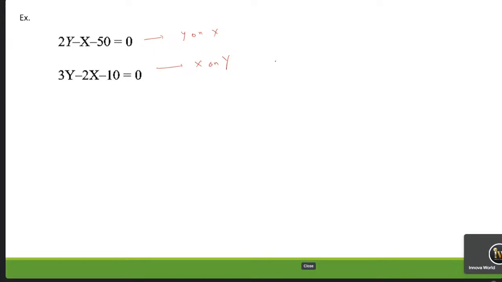What kind of different questions can be formed from this type of question? First, somebody can ask you to find the mean of x, that is x bar, and the mean of y, that is y bar.